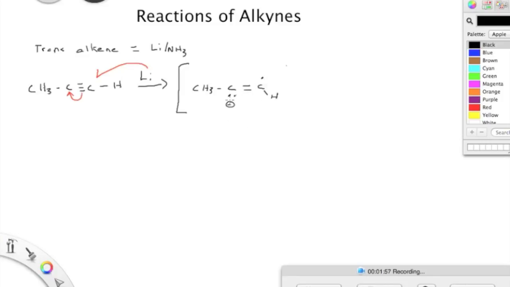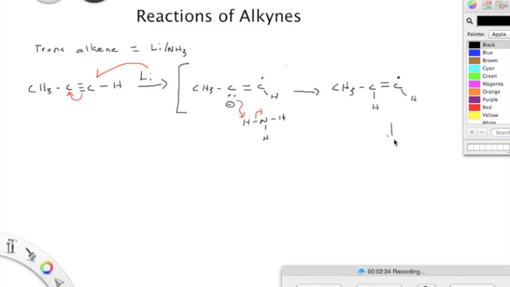It wants to get as far away as possible from this electron that's right there. And so here we have now our ammonia that's coming in, and what we can end up doing is deprotonating, and this picks up one hydrogen from there. And so we can see that we have our product, and we still have this radical that's hanging out right there.